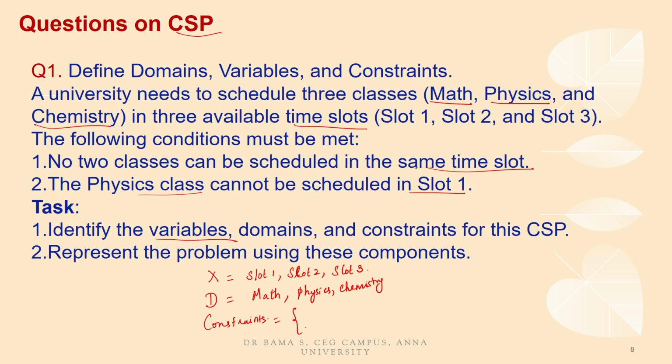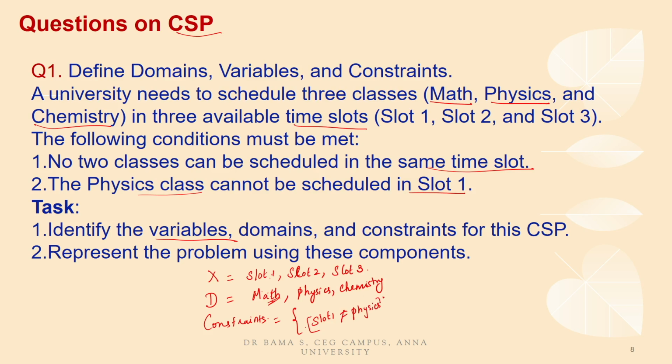No 2 classes scheduled in the same time slot. So, each value from the domain should be allotted only to one slot, that is the first constraint. And the second constraint is the physics class cannot be scheduled in slot 1. So, I can write slot 1 not equal to physics.